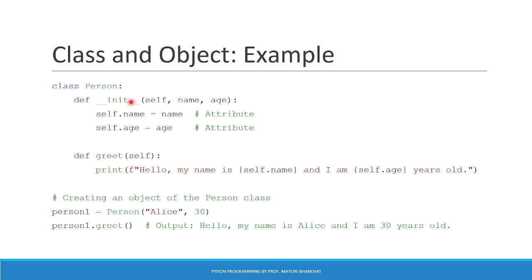This is called the constructor. In this constructor, the first parameter is self. Every method inside a class will have self as its first parameter. Okay, this you have to keep in mind.